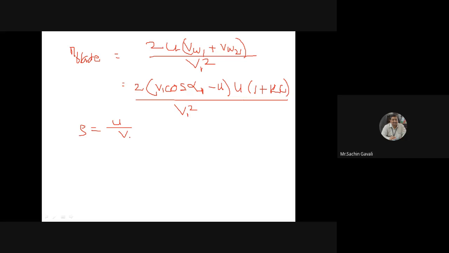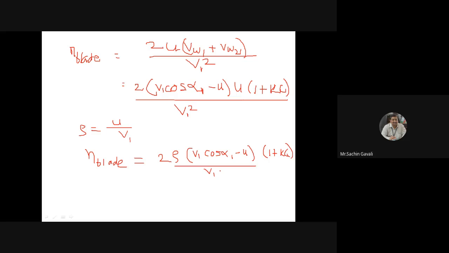So in that case this U and this V1 will become rho, and therefore eta blade is equal to 2 into rho into bracket V1 cos alpha 1 minus U, into bracket 1 plus KC, divided by V1. एक यू आणि व्ही वन याचा रेशो आपण रो घेतला.